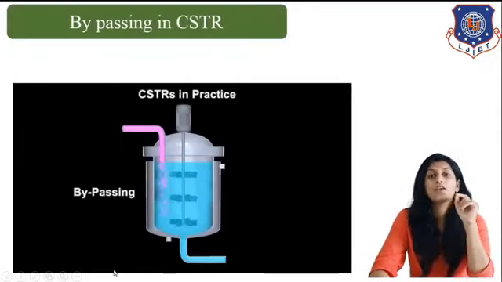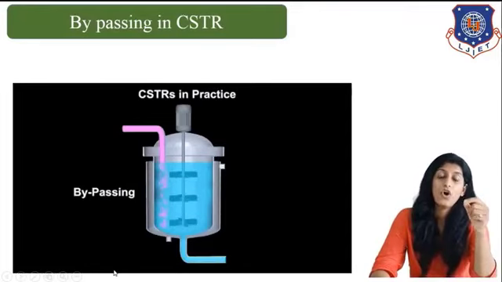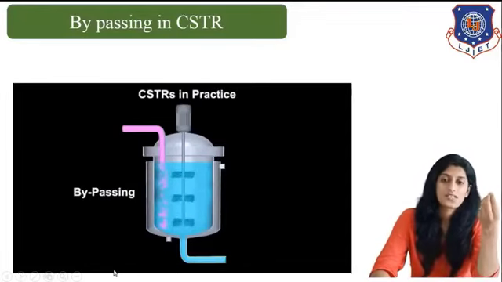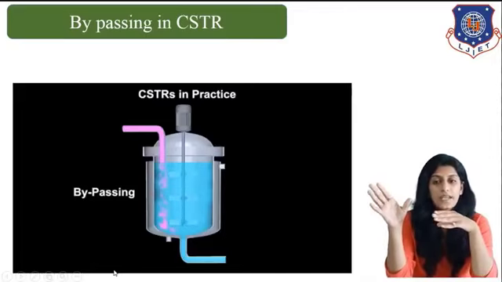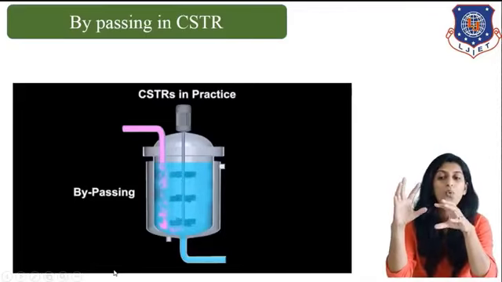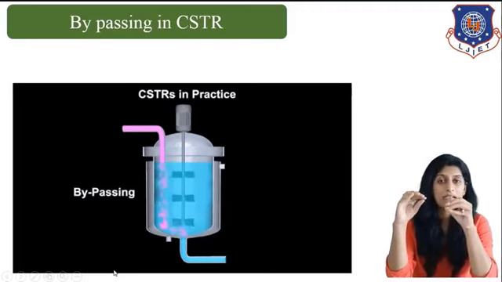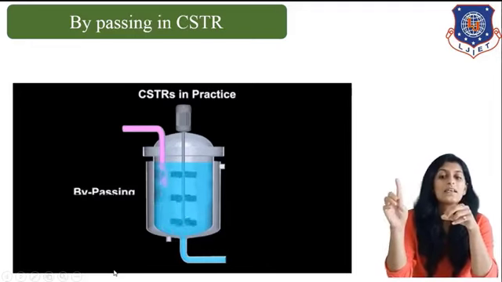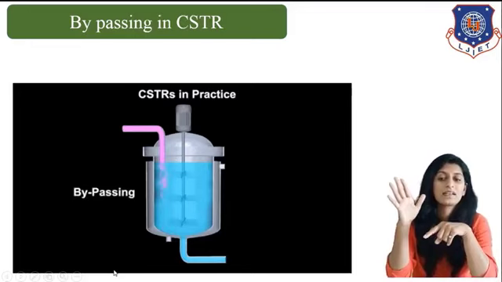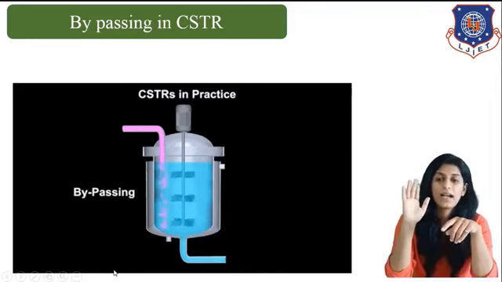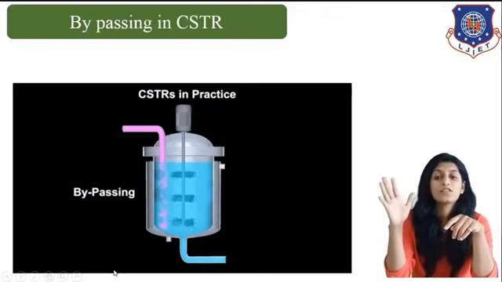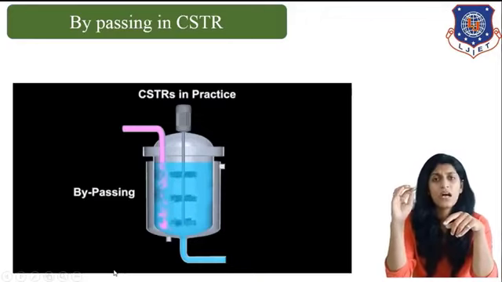I have just given you the example of bypassing, or what we call short circuiting. As you can see in this particular picture, the pink one is the reactant and it is just leaving the reactor as it is without participating in the reaction.